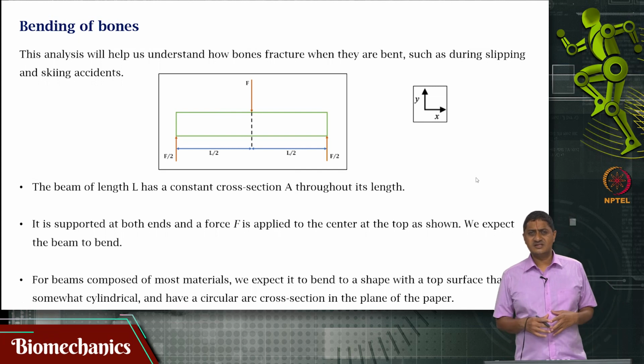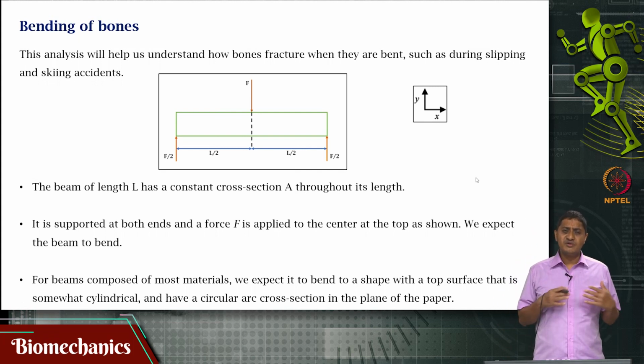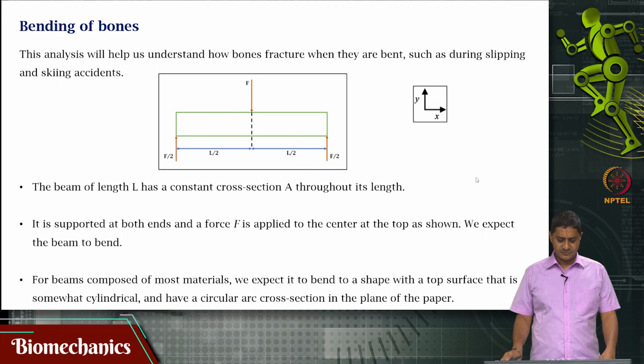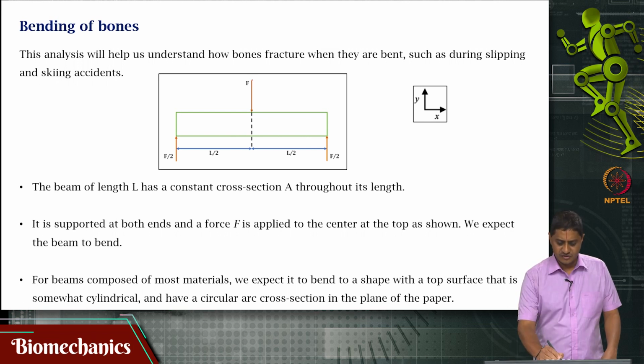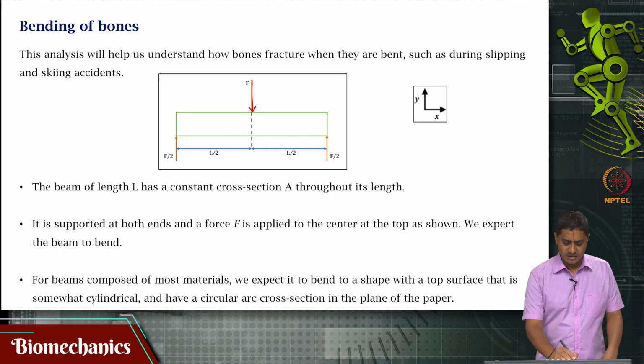It is supported at two ends, and a load of F is applied at the center of the beam, at L by 2 from either end. In this case, we expect the beam to bend. A force of F is applied here, and the supports provide reaction force of F by 2.